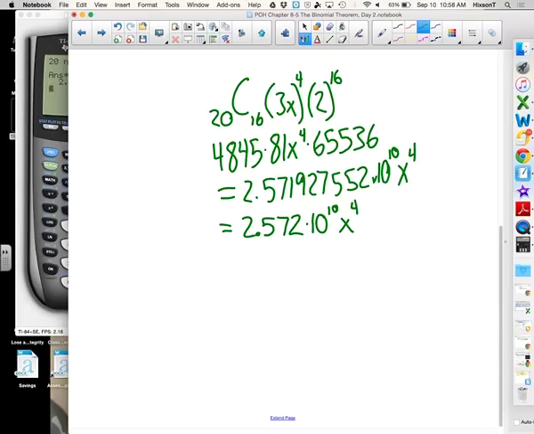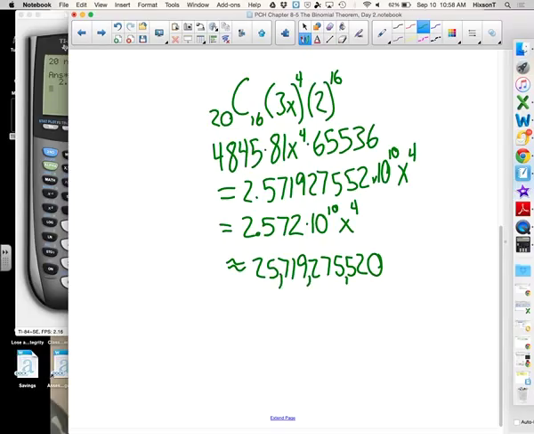One other possibility, this is probably the least preferable one: you could say it's approximately, and we're only one digit short of having the full 10 to the 10th, so you could put 25719275520.